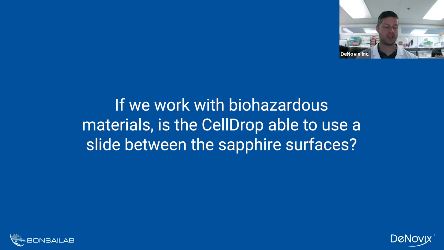You can put the sample in a slide, put the slide on the CellDrop, set it into slide mode, and it will count that sample. We've also designed the dimensions of the CellDrop to fit in a biocontainment hood. So you can put it into the hood, plug it in there, and just leave it in the hood, and run all your samples on the CellDrop in there.